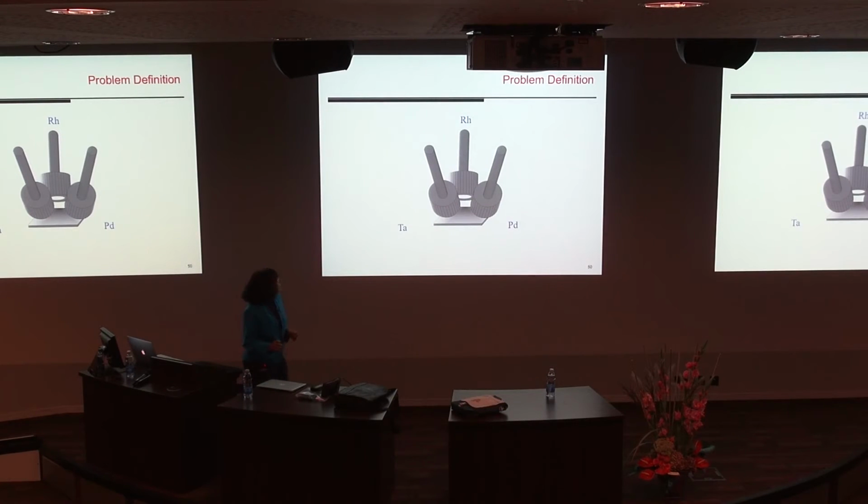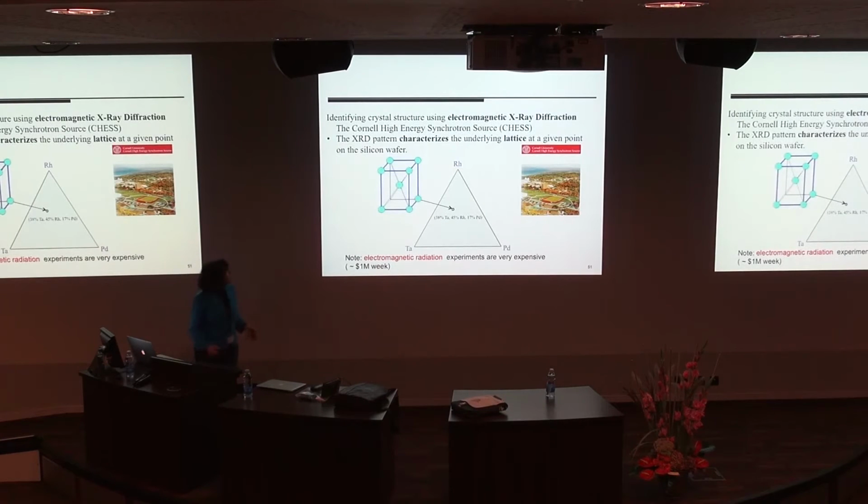Just to give you a little intuition of how it works, they literally mix up different elements. Here there's tantalum, rhodium, and palladium. They have guns, and they deposit on a silicon wafer. And here I'm representing the system as a ternary system to highlight the composition in proportions. Every point here is a material with a given crystal structure.